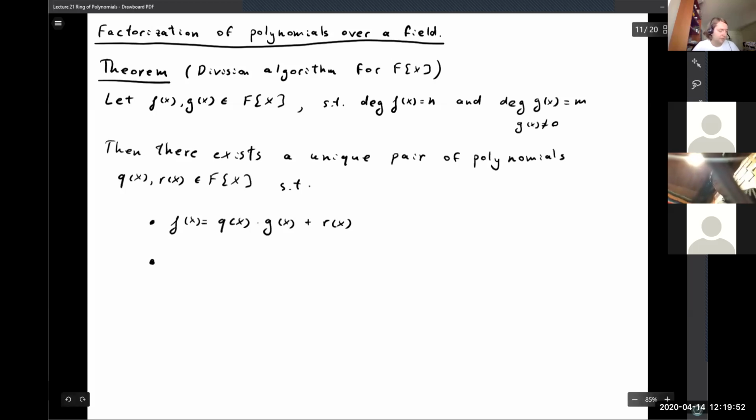And second of all, that the degree of r of x is strictly less than the degree of g of x, or the remainder can also be 0.